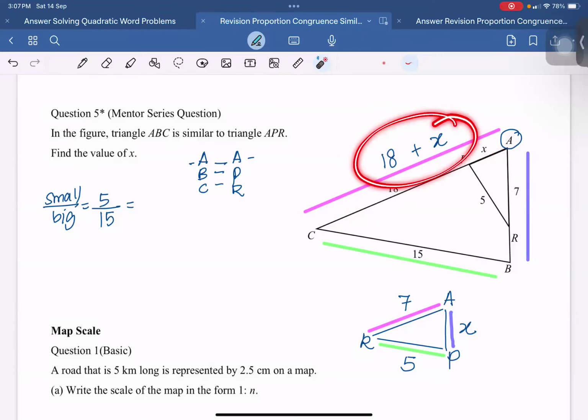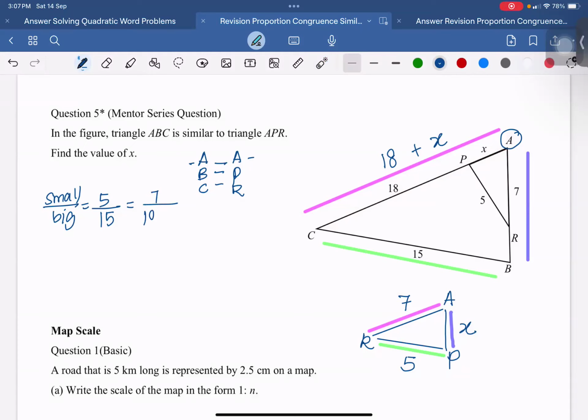So these two are matching, right? Small over big, so it will be 7 over 18 plus X.